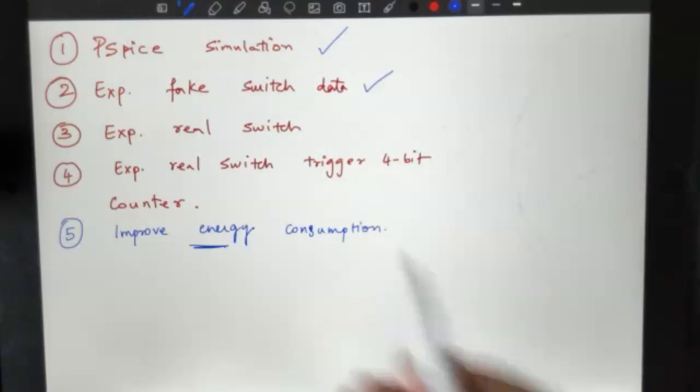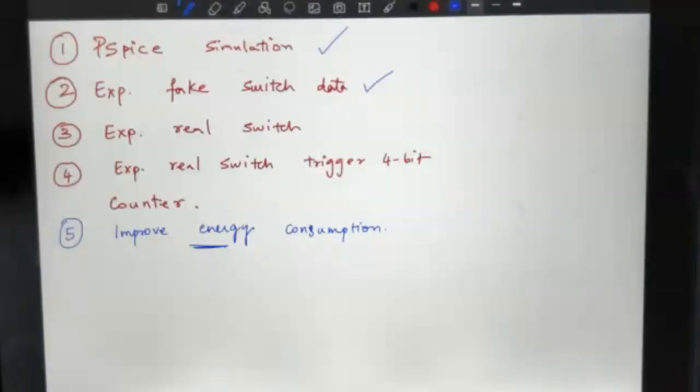Depending on how much time we have left and where we are in the discussion, we may or may not be able to do item number 5 today. If we don't get to item 5, then we can of course do this on Monday. So those are the things that are involved in project 3, and that's it.